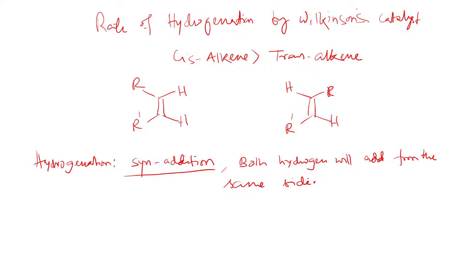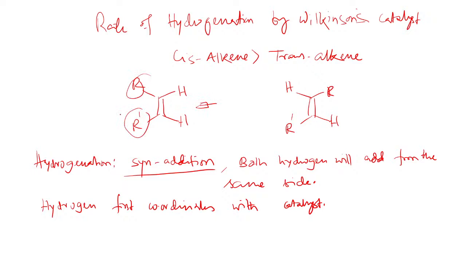And in Wilkinson catalyst, hydrogen first coordinates with the catalyst. So what will happen when the catalyst is coming from this side, because you see this R and R dash are on the same side. So the catalyst with hydrogen will add from this side, okay? So it will face less steric hindrance.